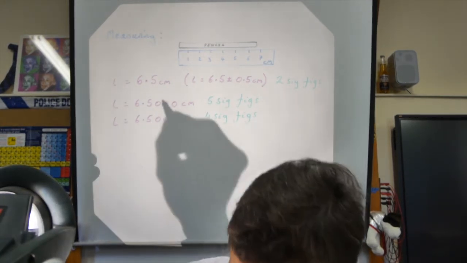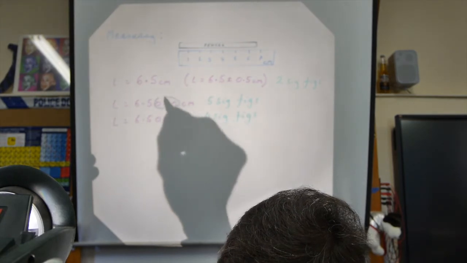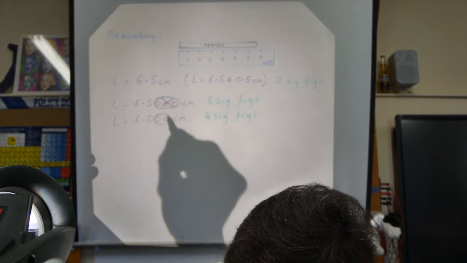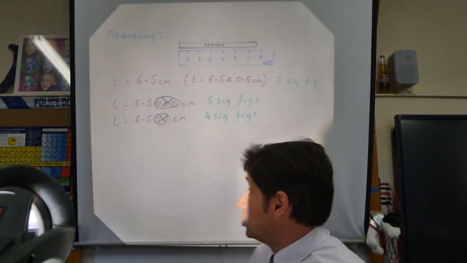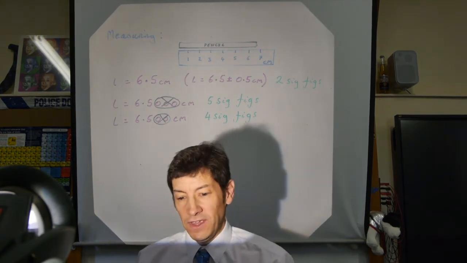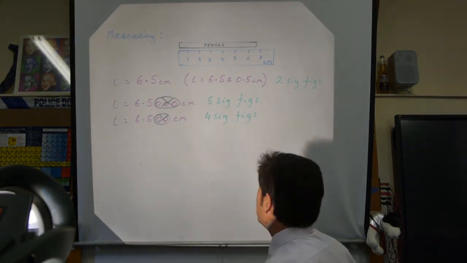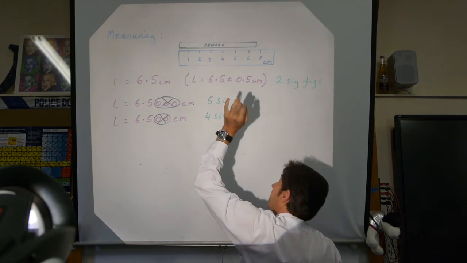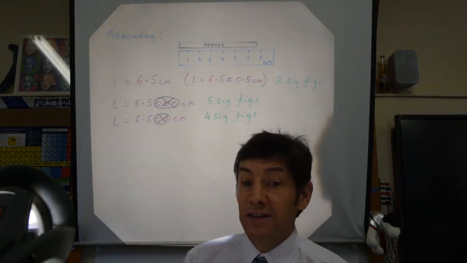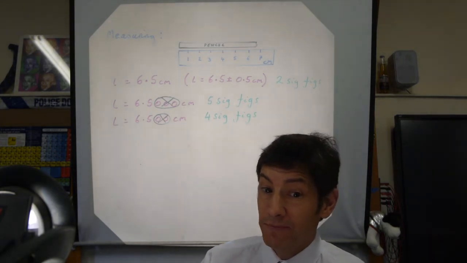So in this case, that lot isn't really correct, neither is that. Yes, you can quote your number to a higher number of significant figures, but it's meaningless in this context because we're only using a ruler calibrated to the nearest centimetre.